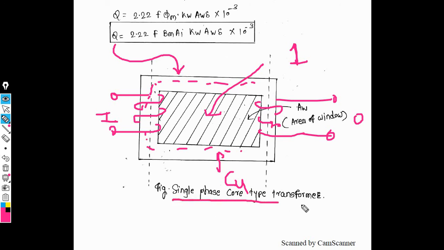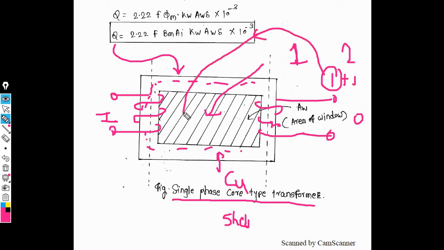Now this is the final equation of the single phase core type transformer, but the output equation of the single phase core type transformer is always the same as that of the shell type transformer, because the shell type transformer consists of two windows, 1 plus 1, but we have to calculate one window equation, and the one window equation is always the same as that of the single phase core type transformer, because this is one window.